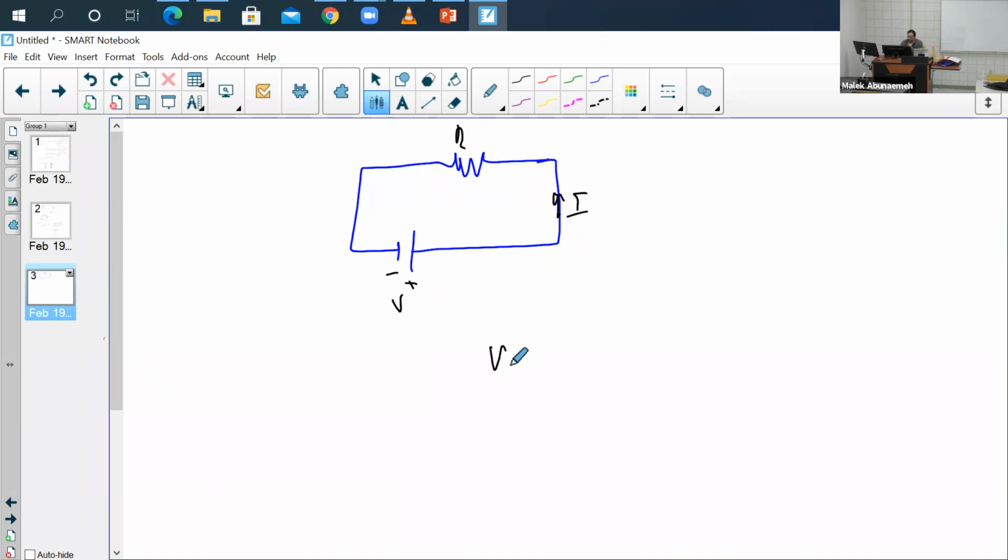Now, from Ohm's law, V equals IR. That means R equals V over I, in ohms.